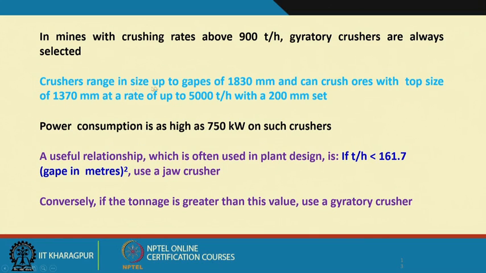Crushers range in size up to gapes of 1830 millimeter and can crush ores with a top size of 1370 millimeter at a rate of up to 5000 tons per hour with a 200 millimeter set.